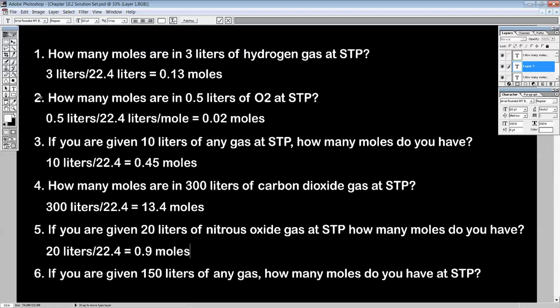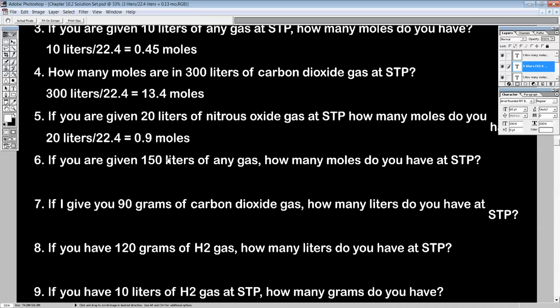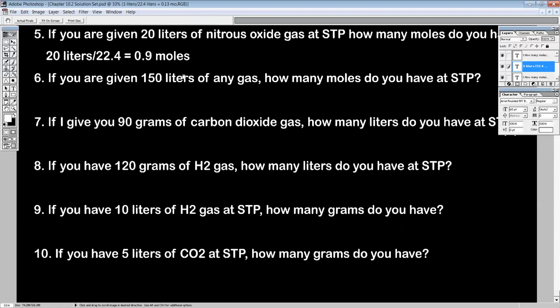And then let's raise this up a little bit for our next five questions. All right, that looks like we're in good alignment. Number 6 is the same path.